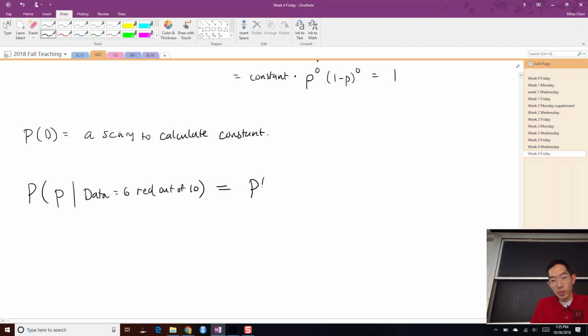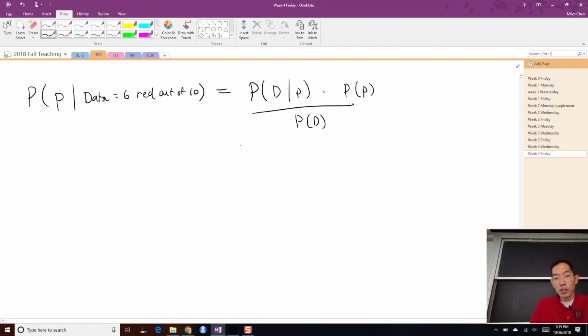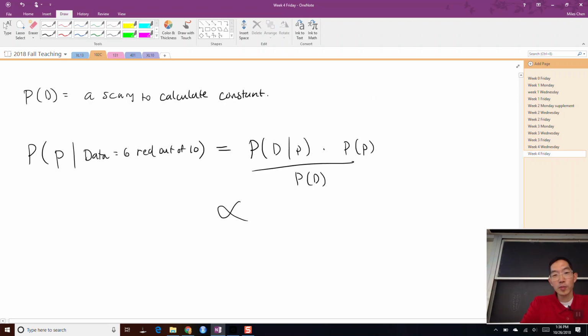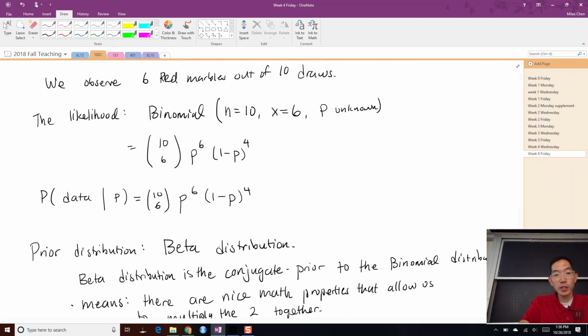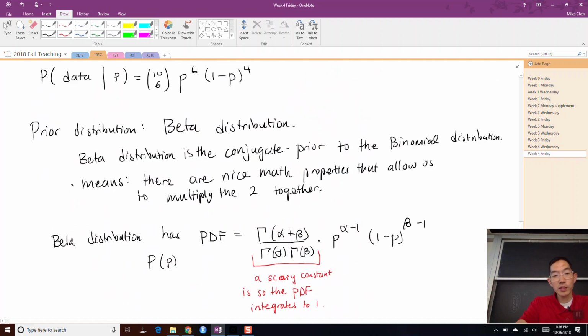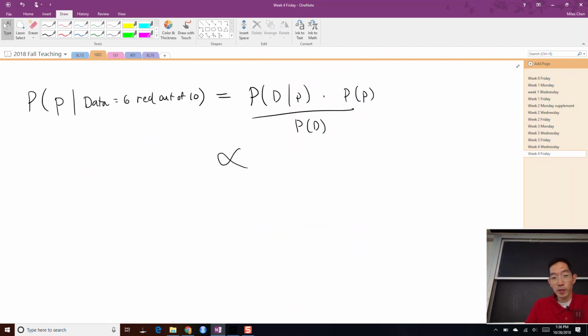It is equal to the probability of our data given P, times the prior, the probability of P, divided by the probability of D. All I'm going to do is say this is proportional to, and this just allows me to combine all the constants together in some unknown constant. So the probability of D given P is going to be P to the 6, 1 minus P to the 4.